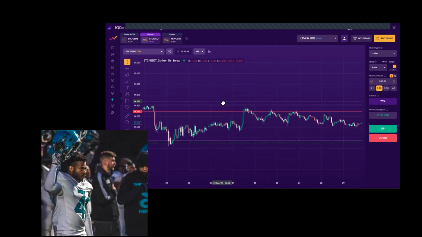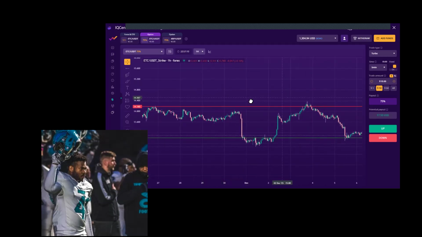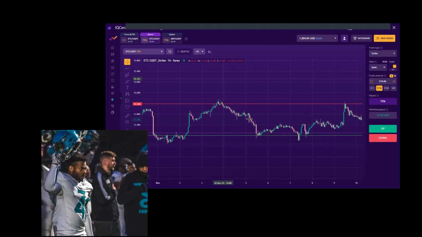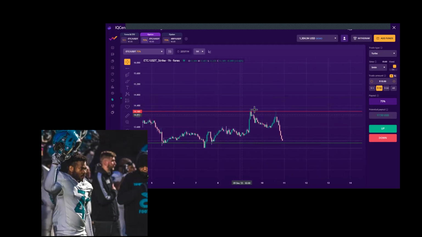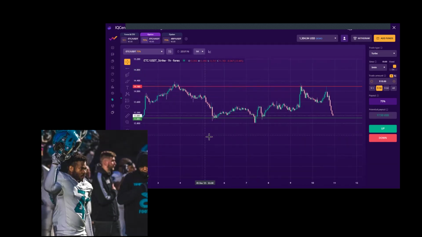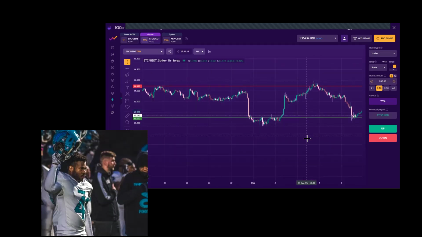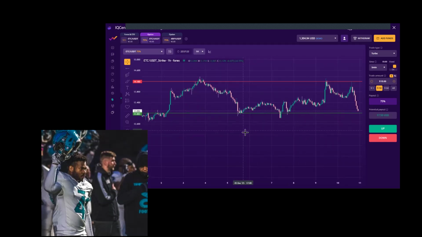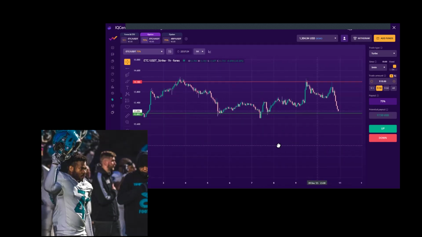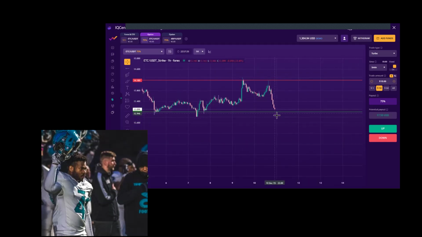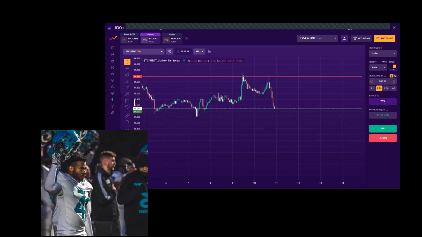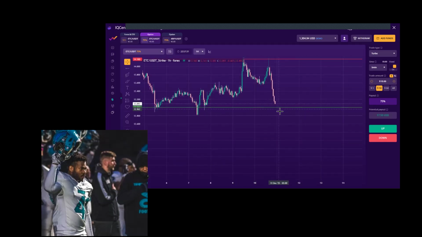It ended up becoming a fire resistance line. So it touched here, it touched here, and then it touched here, touched here. So I can only expect it to touch here. And once it does touch right here, then I'll go in for a up.